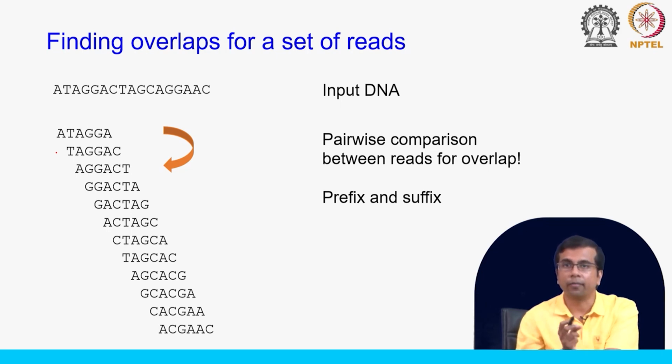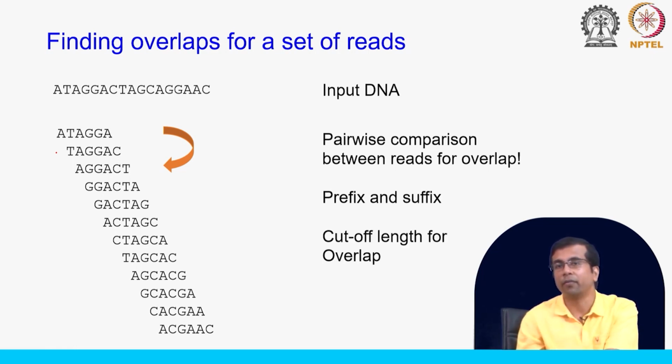When we check for overlap, we also check for the prefix and suffix part, that is, which read the overlap is in, whether in the suffix part or the prefix part, because this will decide the direction of the edge in the directed graph. In addition, we also have something called a cutoff length for overlap. We do not consider just a one base overlap or two base overlap as an overlap.